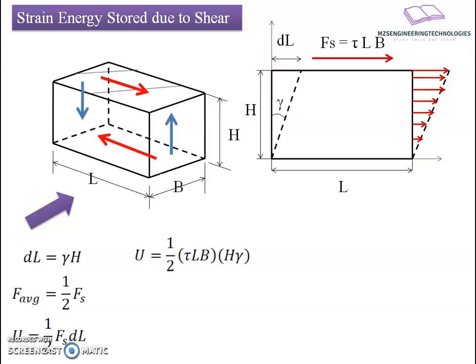Now let us move towards the calculation part. I will substitute the individual values in the equation. So Fs is nothing but tau L into B, whereas dl is nothing but gamma into h. Now we get a relation U equals 1/2 of tau into gamma into L B H, where V is the volume, these three components L, B, H come into it.